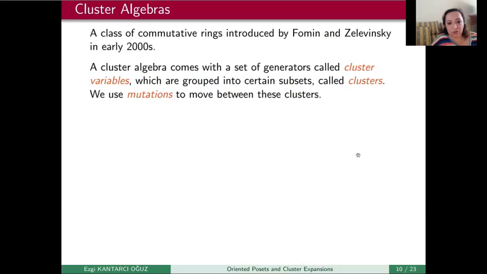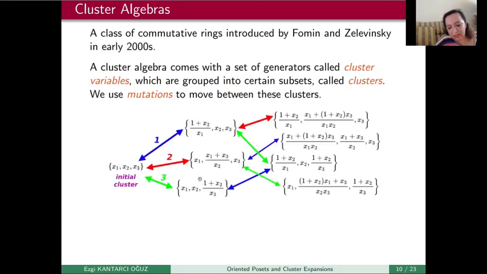And you can use mutations to move between these clusters. To give you an idea, for example, we can have an initial cluster and we have mutation rules. So we can mutate at coordinate 1, 2, or 3. If we mutate at coordinate 1, we move on to this one. And if we mutate again, we move back, and we can keep mutating and keep getting new clusters.